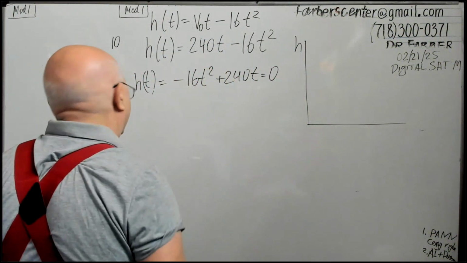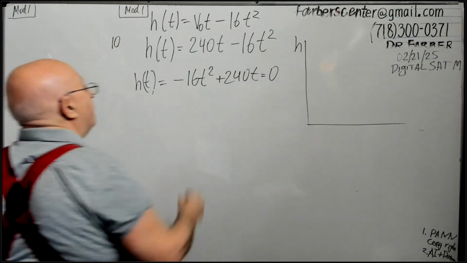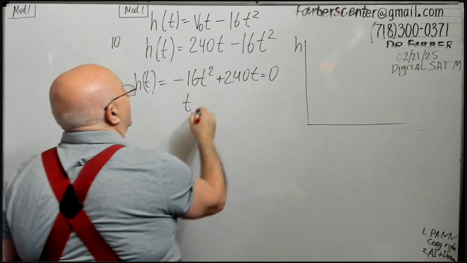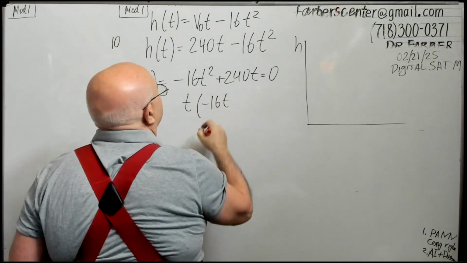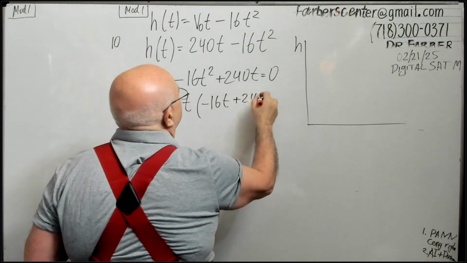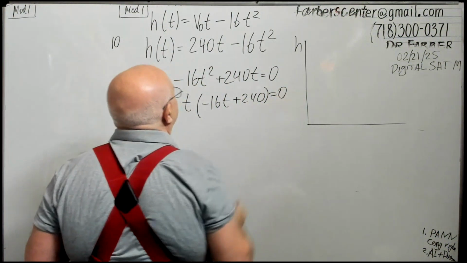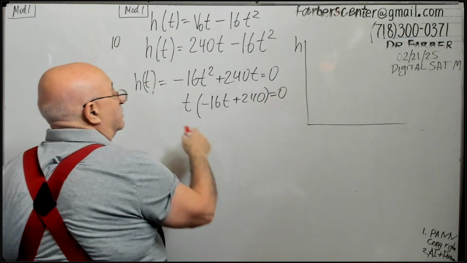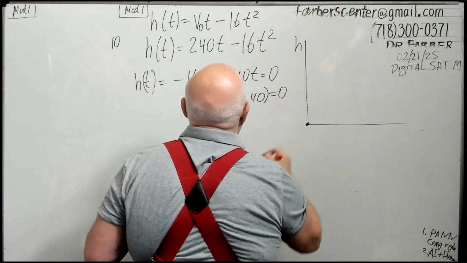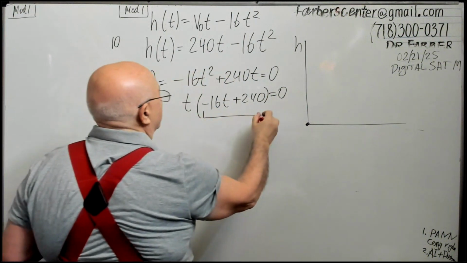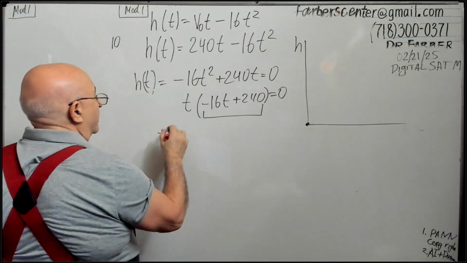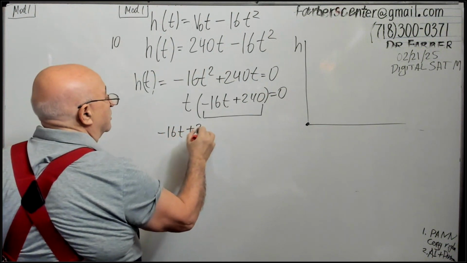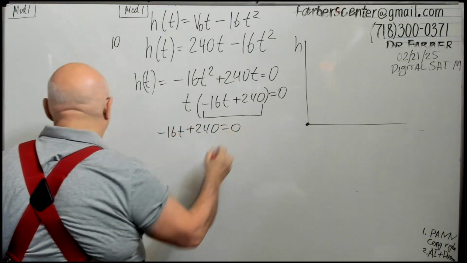You can put t outside the parentheses, and you have t times negative 16t plus 240 equals 0. Either t equals 0, or negative 16t plus 240 equals 0.